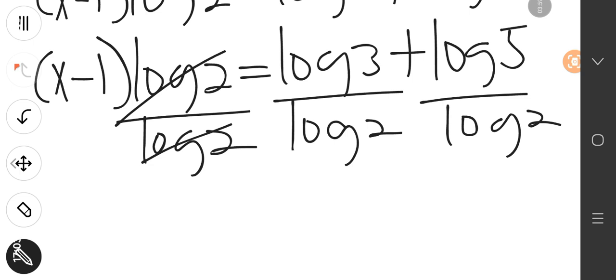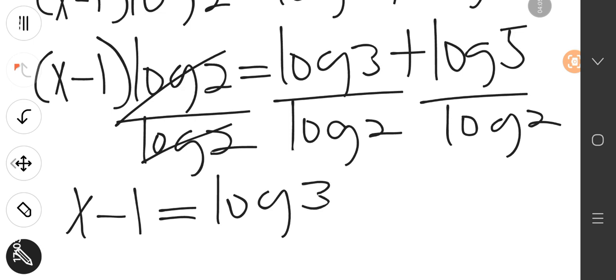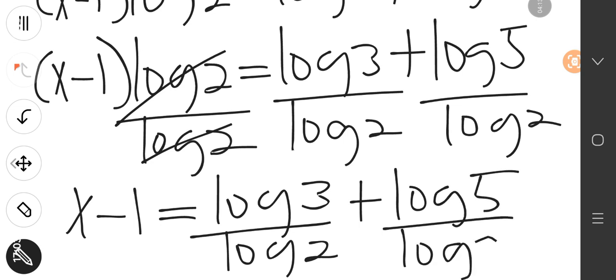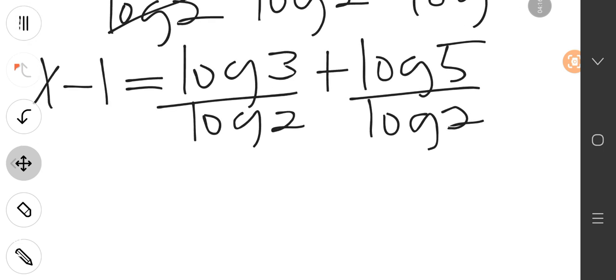So this cancels this, and we are left with x minus 1 equals log 3 over log 2 plus log 5 over log 2.